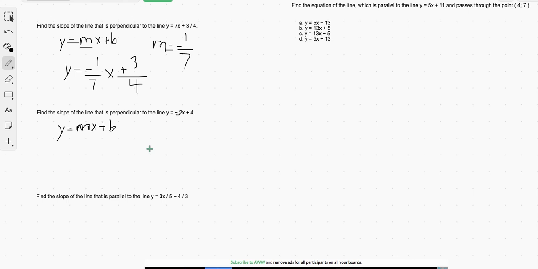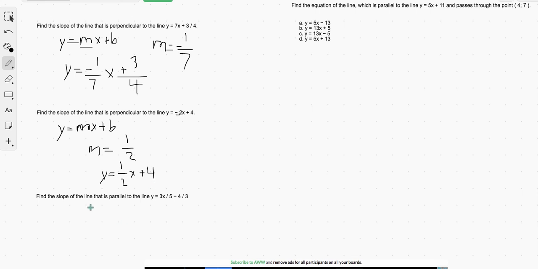If you do the same thing as for the first one, it would be 1 over 2. So the slope equals 1 over 2, and the equation would be y equals 1 over 2x plus 4. And that's the equation that they're asking for.